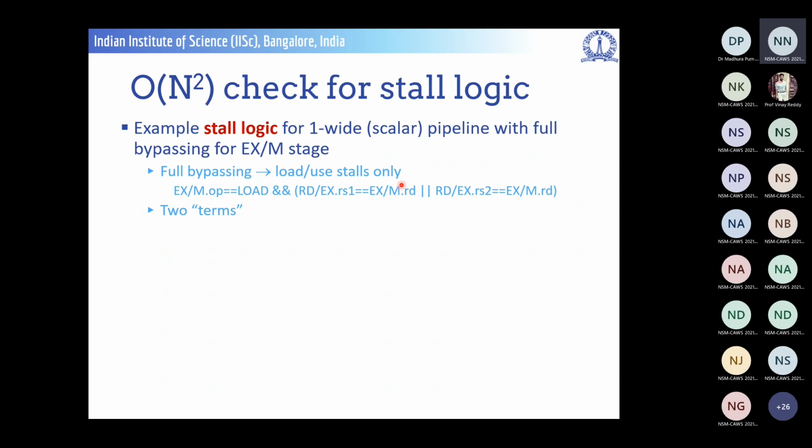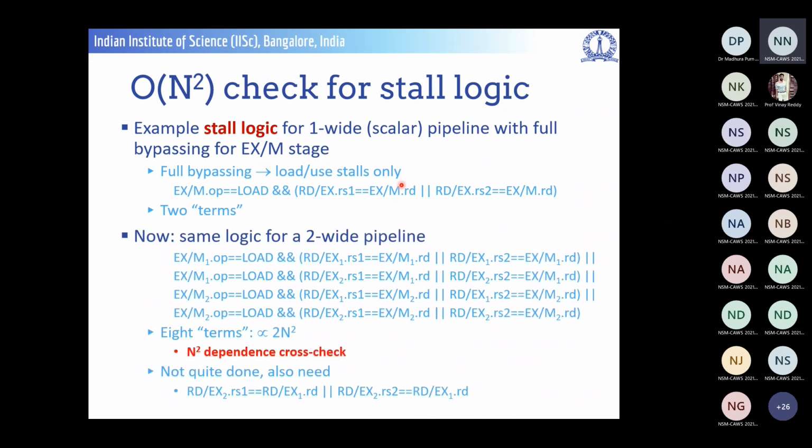Now, if it was a two-way superscalar, the equation would suddenly get much more complicated. The reason is that now there can be two instructions in the M stage, and two instructions in the read operand stage.